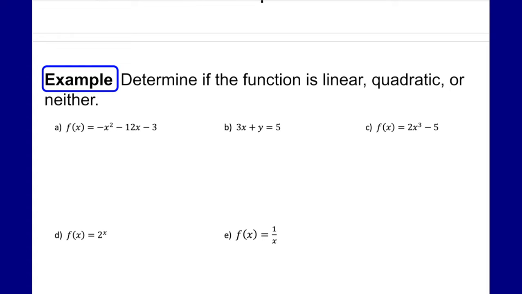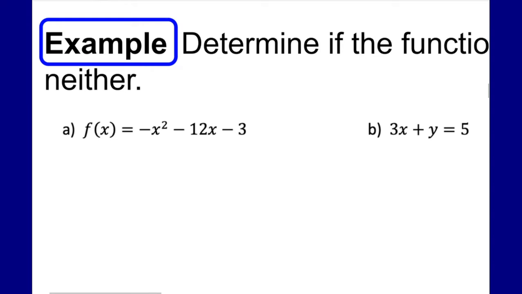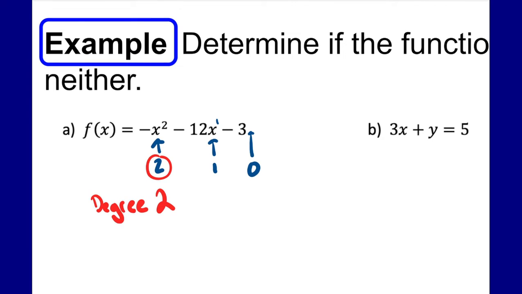So if I look at my first function, I look at the exponents and look at the value of the exponents on the variables. So this has a degree of 2. This has an exponent of 1. This has an exponent of 0. So the highest exponent is 2. So this is a degree 2, which means it is quadratic.